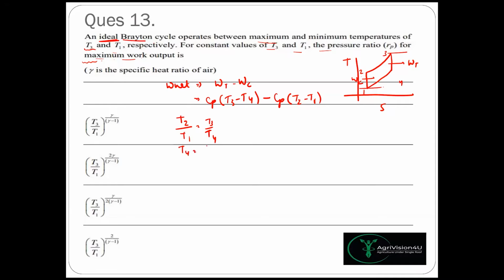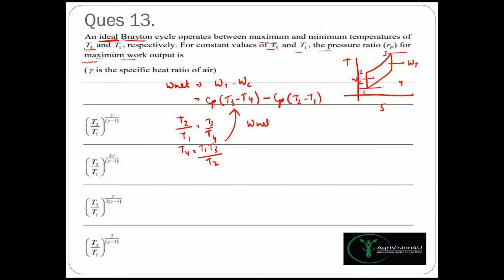So T4 would be equal to T1 into T3 by T2, and we'll be replacing it over here. That means we can alter T2 and T4, but we cannot modify both variables together. Therefore, I have replaced this T4 in terms of T2.